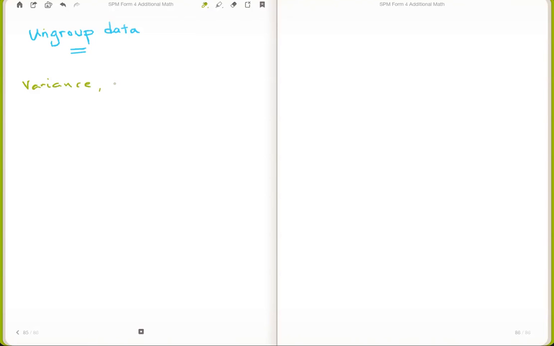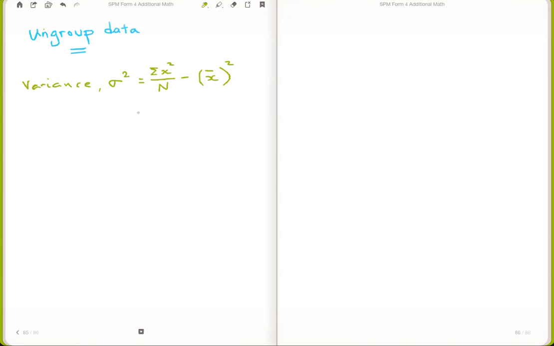Symbol sigma squared. For ungrouped data, the equation would be the sum of x squared over n, subtract the square of your mean.